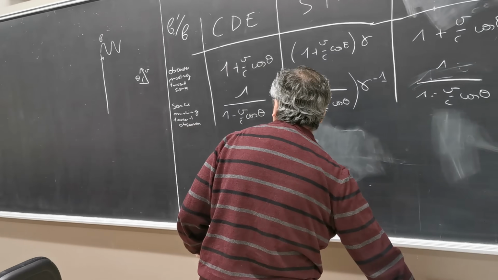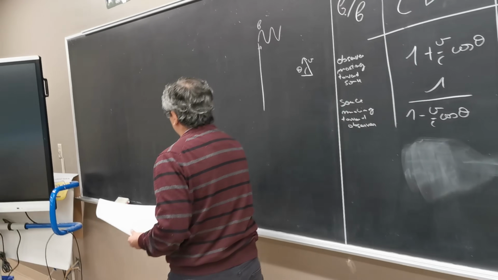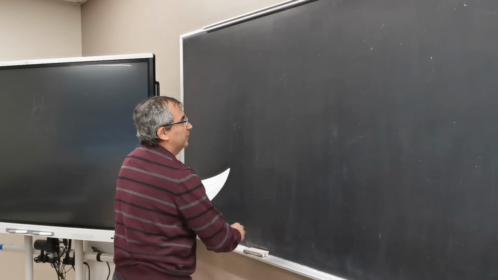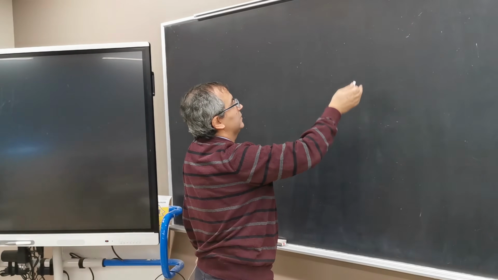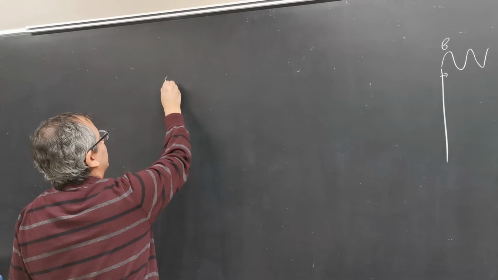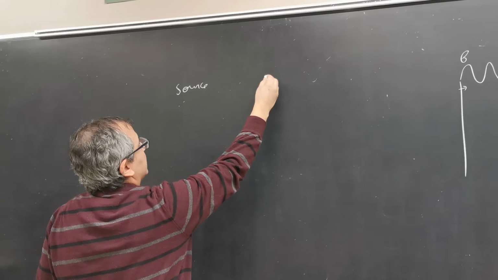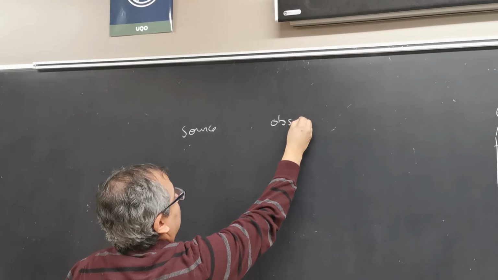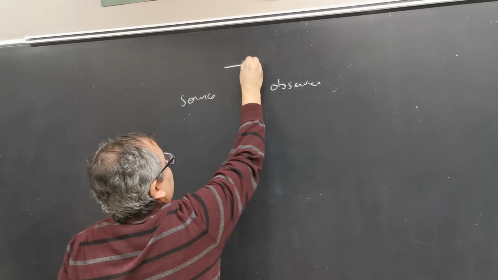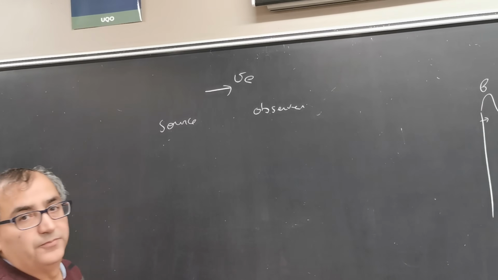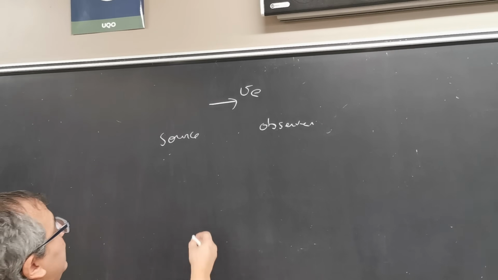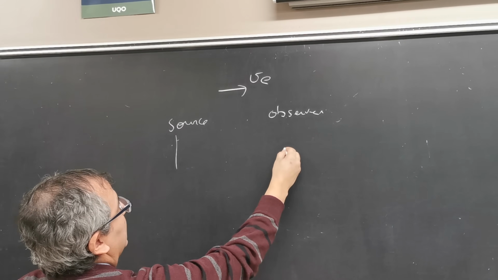For example, in the first problem, let's consider that the system of the source and observer is moving with speed VE. Okay, so that's the source and that's the observer.